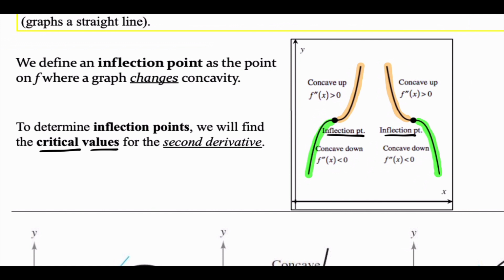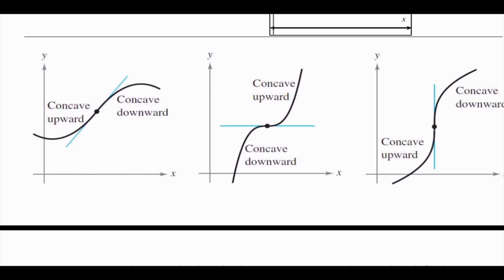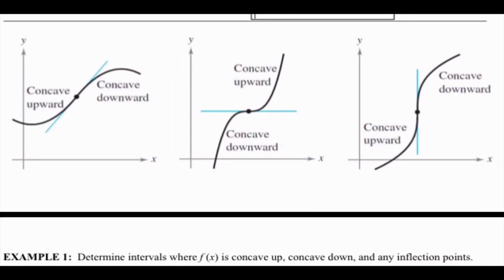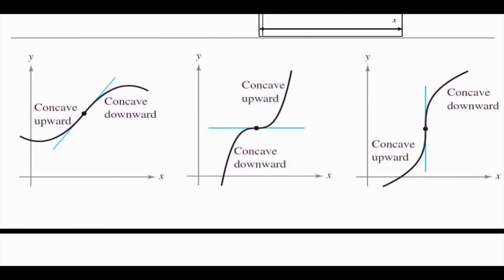Okay, so here's a couple more pictures to give you an idea of what concave up and concave down look like. Concave down is this idea of spilling water versus holding water. This one might be able to hold water because it's kind of a cup.